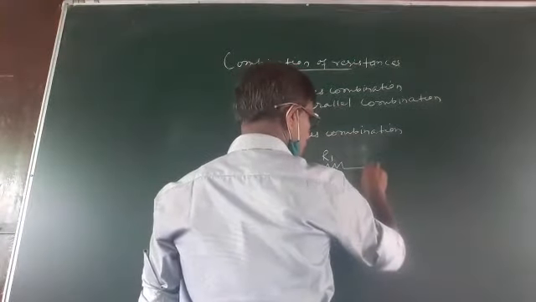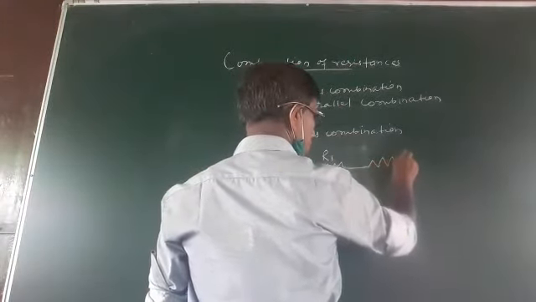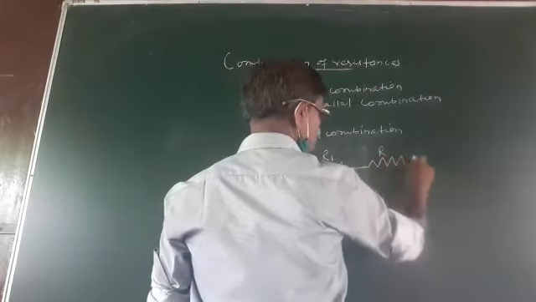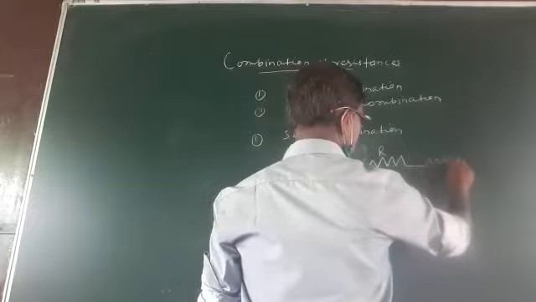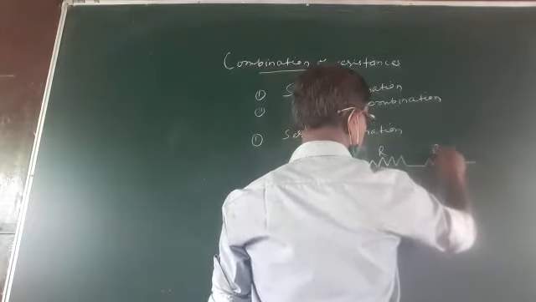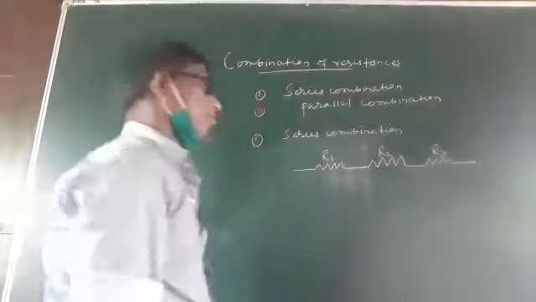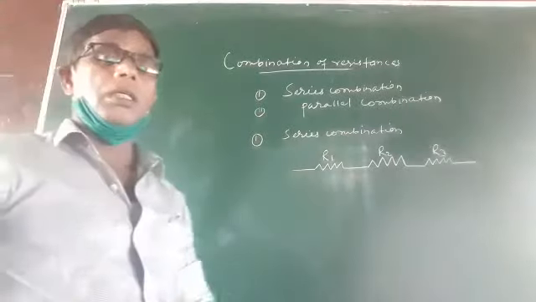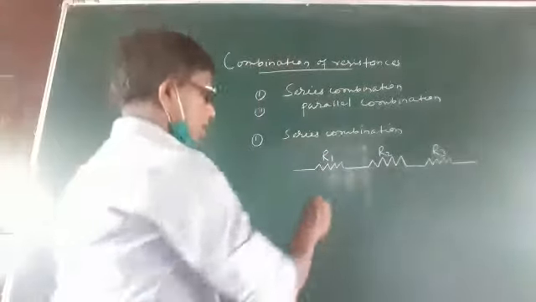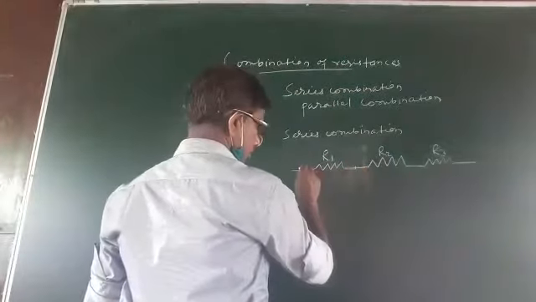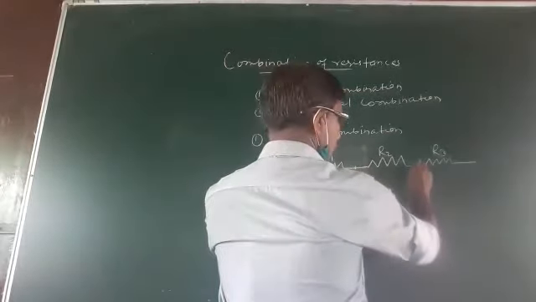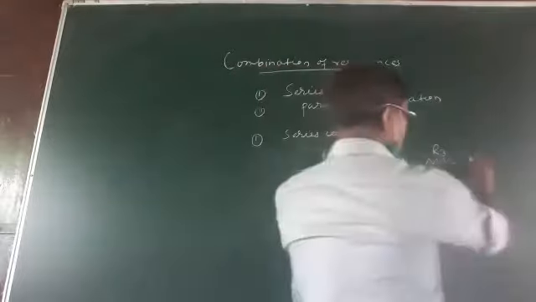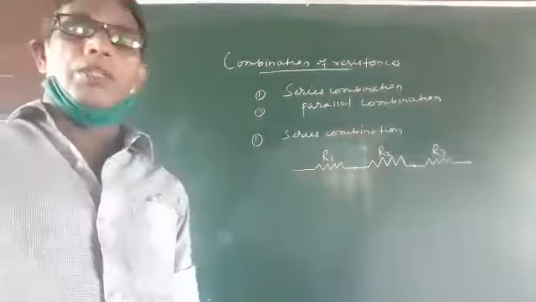Second resistance is R2. And third resistance is R3. I have taken three resistances. This is the first resistance, from here to here second resistance, and this is the third resistance. This is known as series combination.